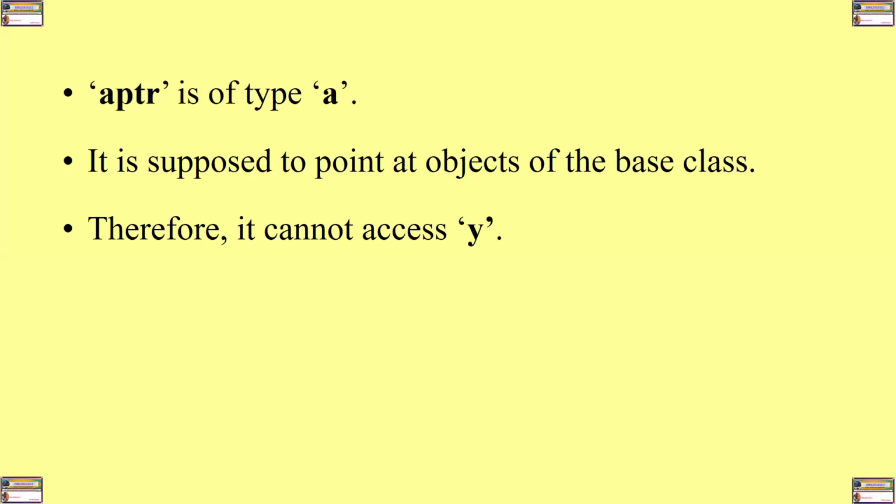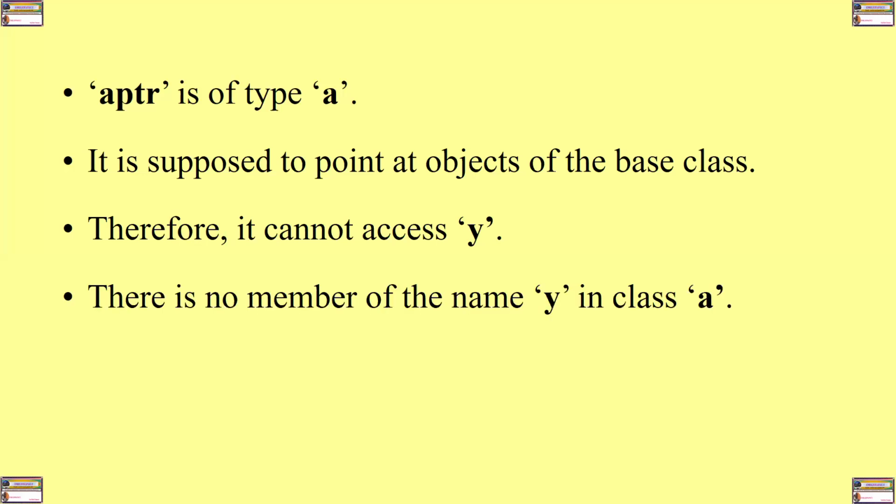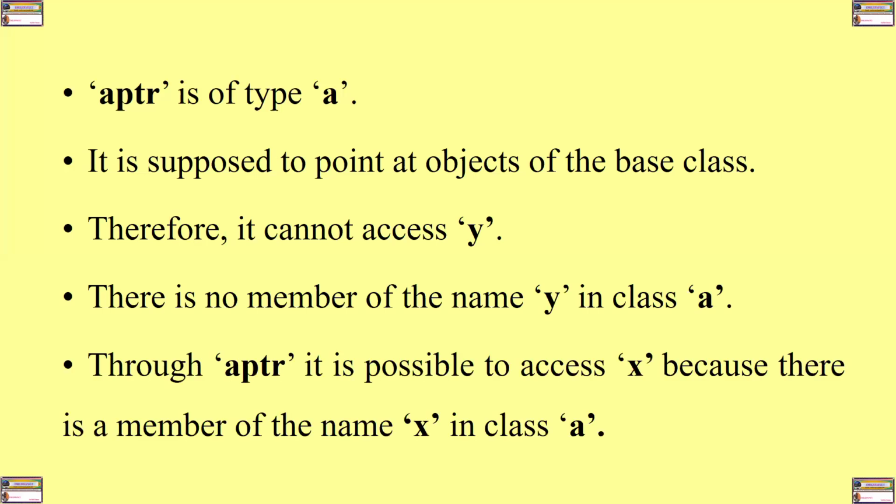It's not for the base class. There is no member of the name Y in class A. Although the pointer is for the base class, it is possible to access the data member called X, which belongs to the class called A, because there is a member of the name X in class A.